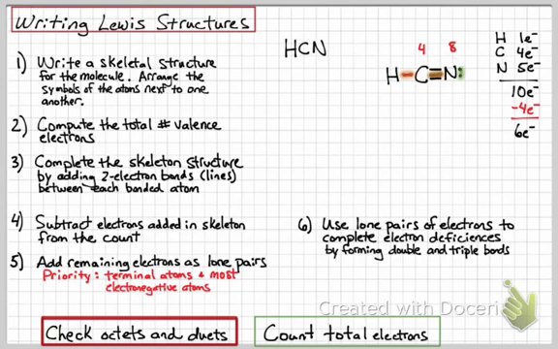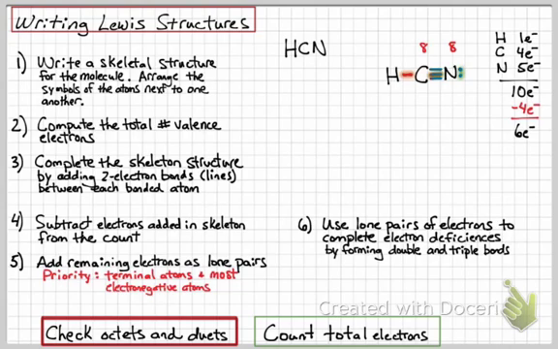Now notice in doing so, we now have 8 electrons around carbon. Nitrogen still has its 8 because in sharing, in moving those lone pairs, we didn't detach them from the nitrogen. It's just sharing them with the carbon, so it still has its 8.